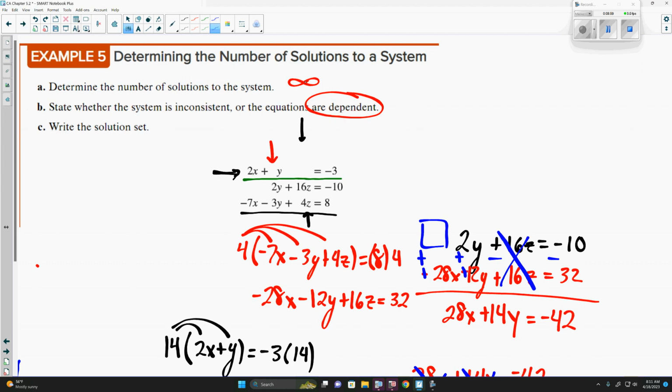Now, there are ways to go about finding what the solutions are. Because for this here, the solution set would be all real numbers, but there are ways to define it.